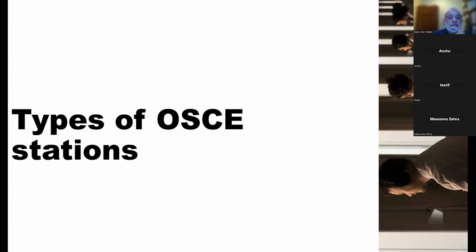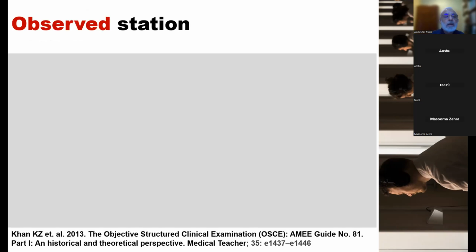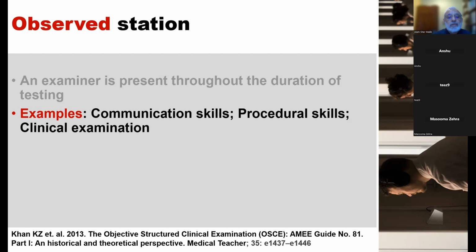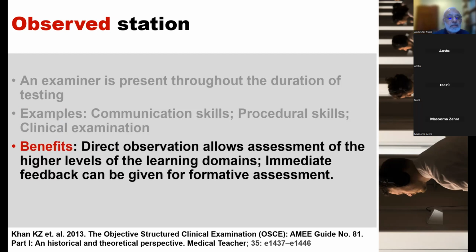Now, coming to the type of OSCE stations and the number of examiners, which Dr. Imtiaz was asking about, we will be talking about those things here. One is the observed station. In an observed station, the examiner is present throughout the duration of the testing, for example in communication skills, procedural skills, and clinical examination.